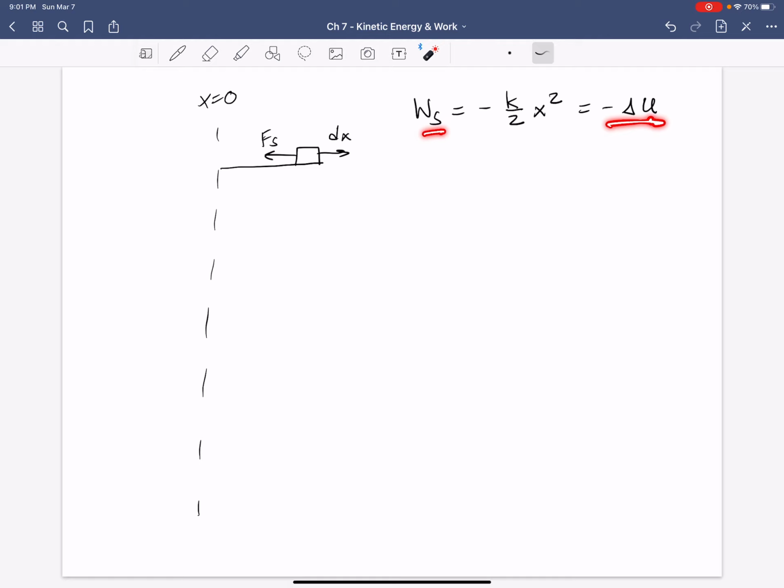And that means if you have a negative out here, that means, well, delta means final minus initial. That means that the initial is less than the final. Am I saying that right? No, the final amount is less than the initial amount.